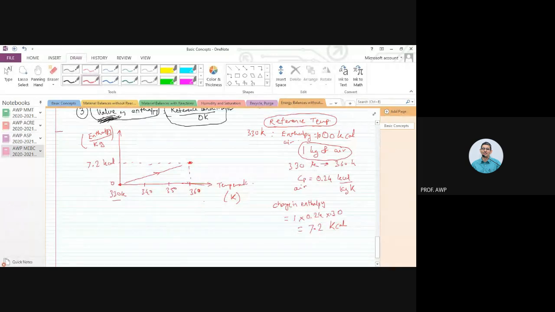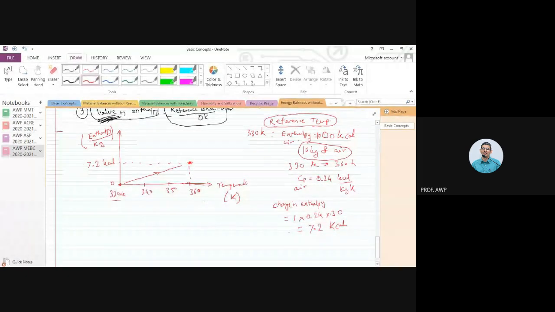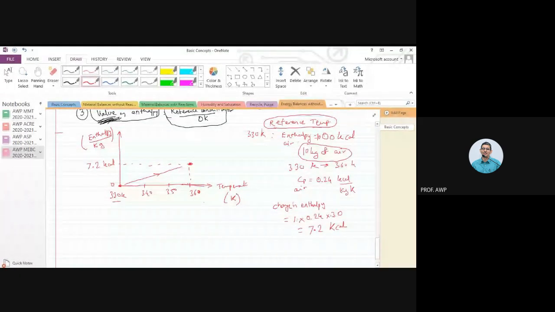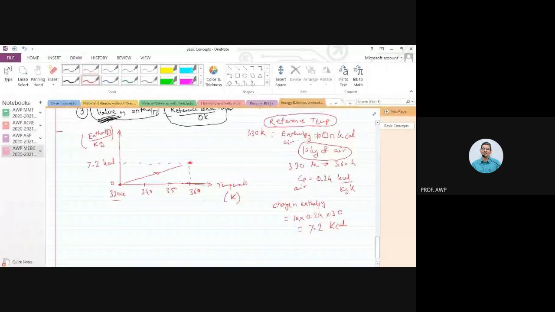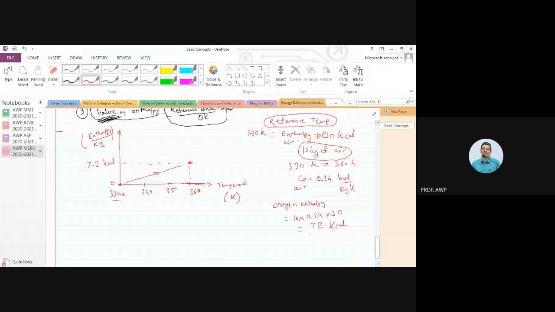If I take 10 kgs of air, then the enthalpy change would be 10 into 0.24 into 30. It would become 72 kilocalories, isn't it?